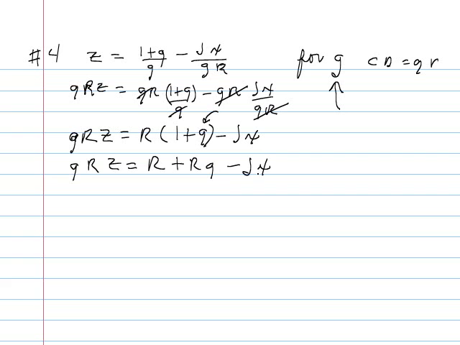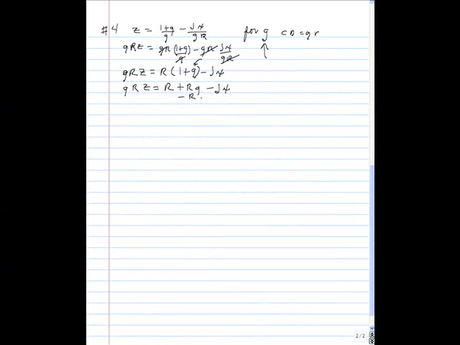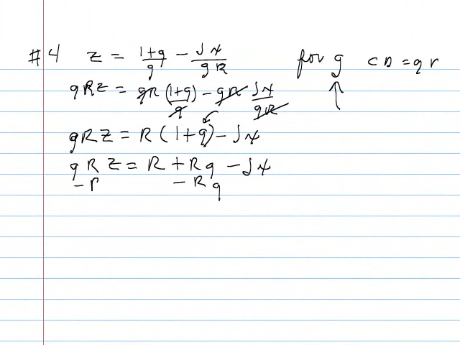But everything's fine now. We just want all of our G terms on one side and our non-G terms on the other. I think the easiest way to do this, because we have to do a lot of moving if we don't do it this way, to get all our G terms on one side, is to just subtract big RG. Like so.